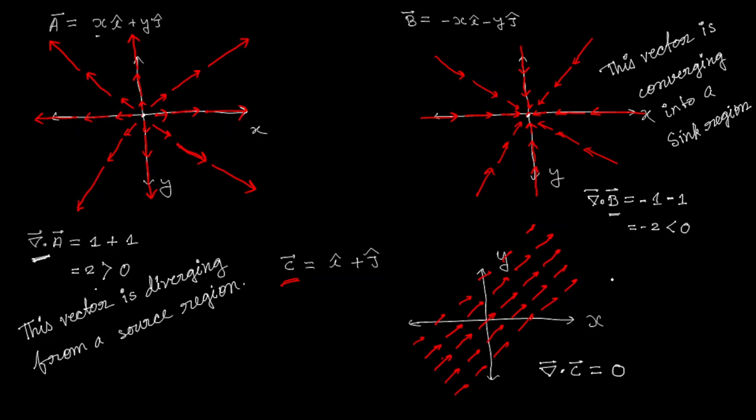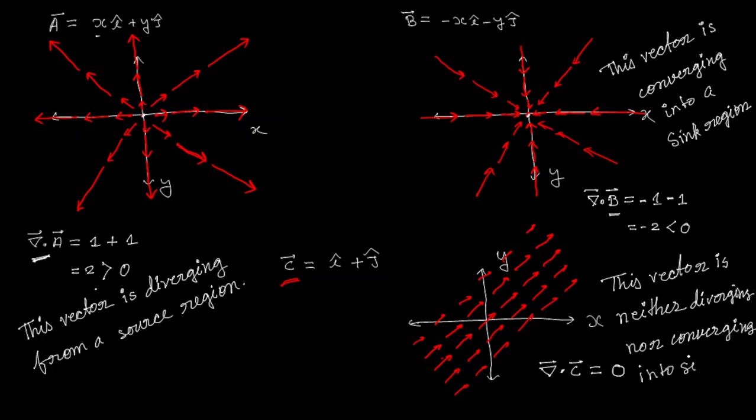So what we can write here: this vector is neither diverging nor converging into a sink. Okay, sink region.